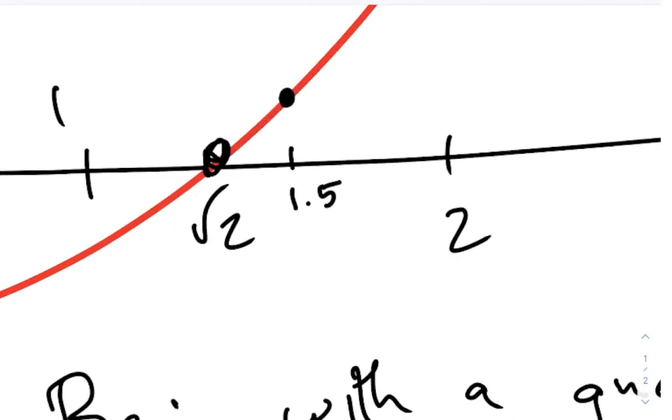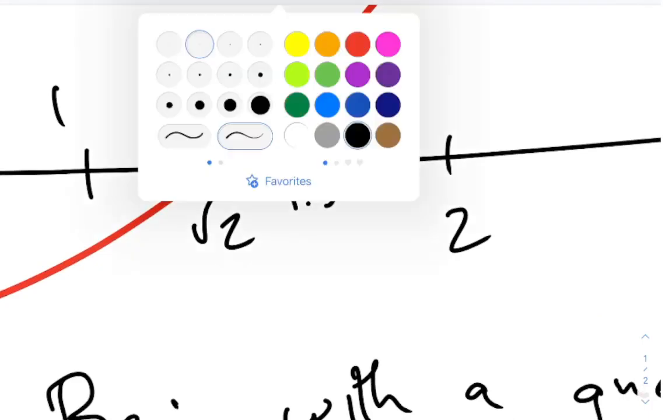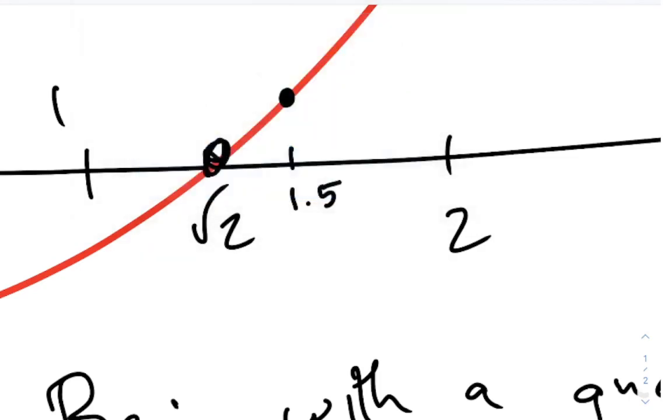I'll draw this in blue so you can see a little better. You draw the tangent line here, and then you pick the x-intercept. And that we call x2. That's our second approximation. On this picture, the x2 is actually already very close to the true square root of 2. But if that's not close enough for you, you can just continue the process.